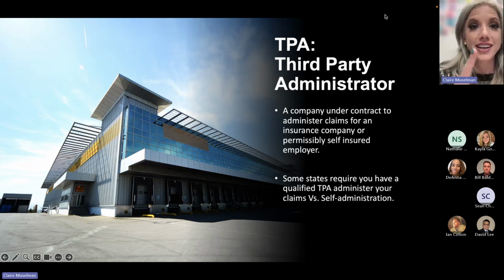This is where it gets tricky, because insurance companies can write paper to insure an organization and still not handle their claims. The paper can be written under an insurance company, and then you can still have a TPA like Sedgwick actually handle the claims under a contract.